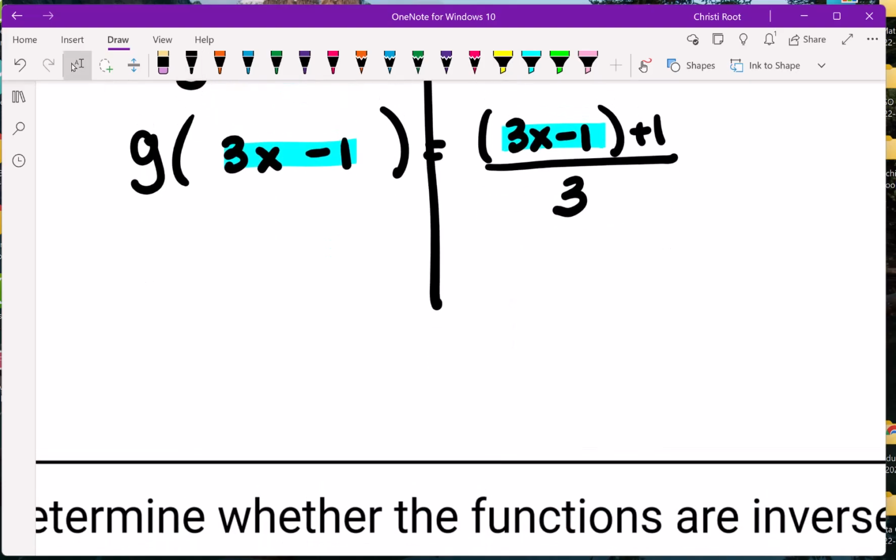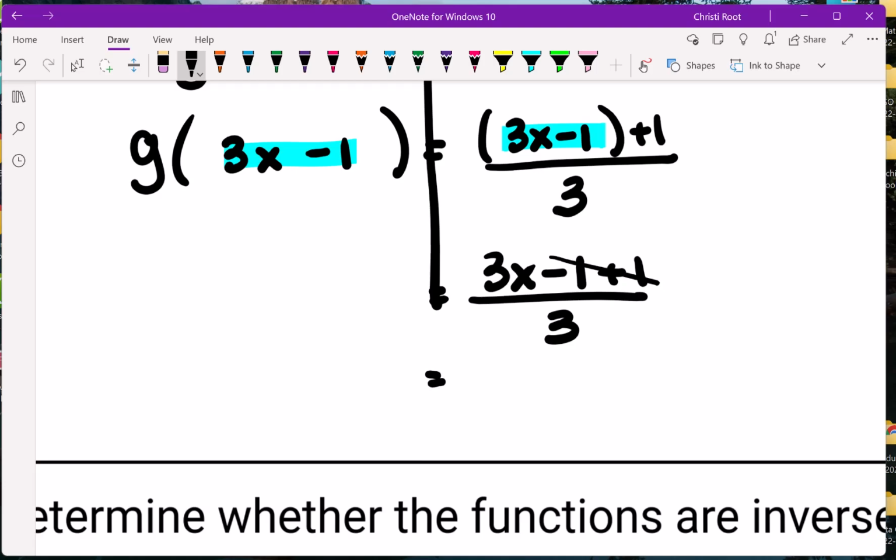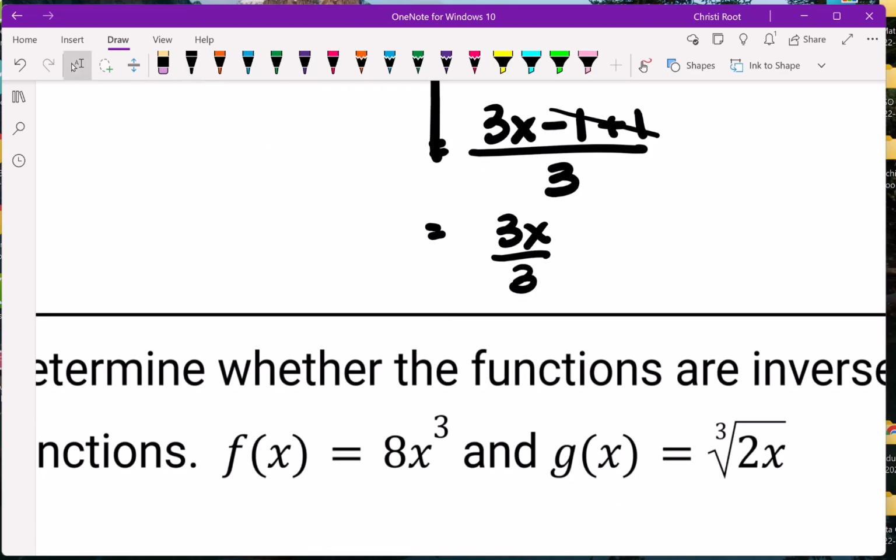Okay, it's a little bit different. So I've got 3x minus 1 plus 1 over 3. Look at this. This minus 1 plus 1 cancels out. So I'm left with 3x over 3. 3 divided by 3 is 1. So you have x.